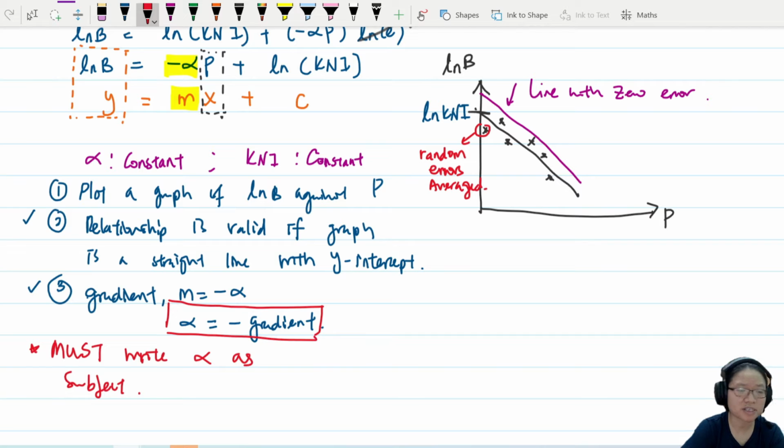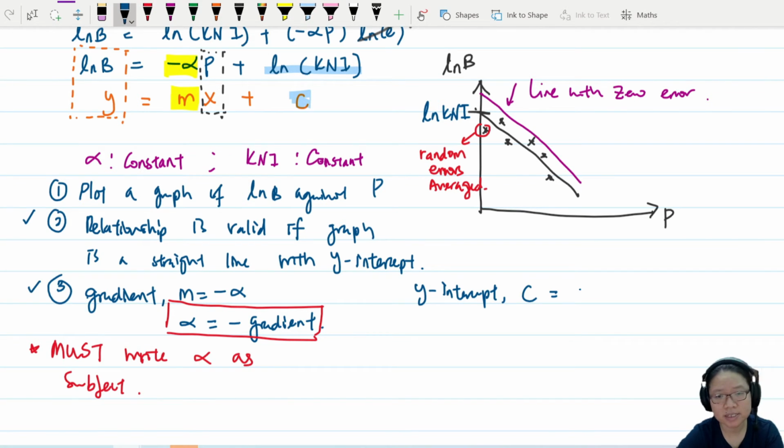Same thing if you want to find k or n or I. Let's say you want to find k. So my y-intercept, which is c, is equal to this whole thing, ln k and I. Now we want to bring the ln back to the other side.